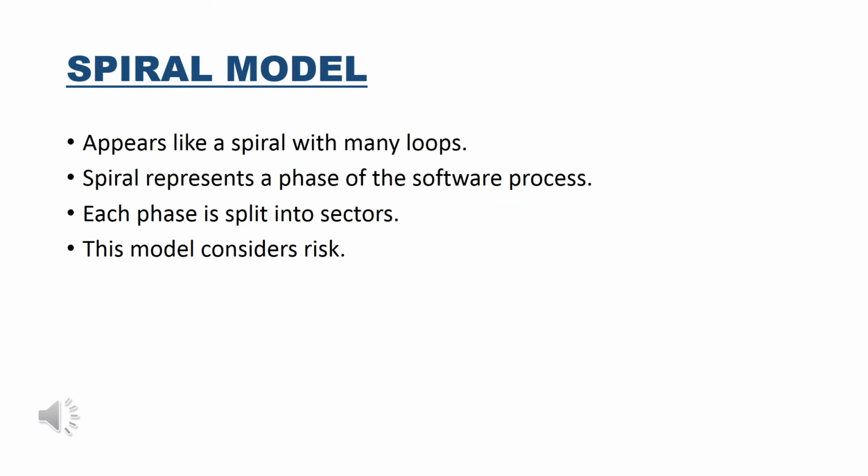Next is the spiral model. This model consists of many loops, and each loop represents one phase of the software process. Let's suppose the innermost loop is concerned with the feasibility study, the next loop with the requirement, the next one with the design, and then the next one with the implementation, and so on.